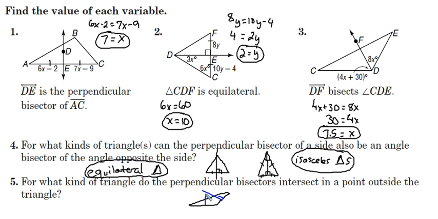Coming off of here, perpendicular. And then coming off of this side, perpendicular. Now, notice how the intersection, I have to extend this out, it would be intersecting outside. So that would happen only on obtuse triangles. There you go.